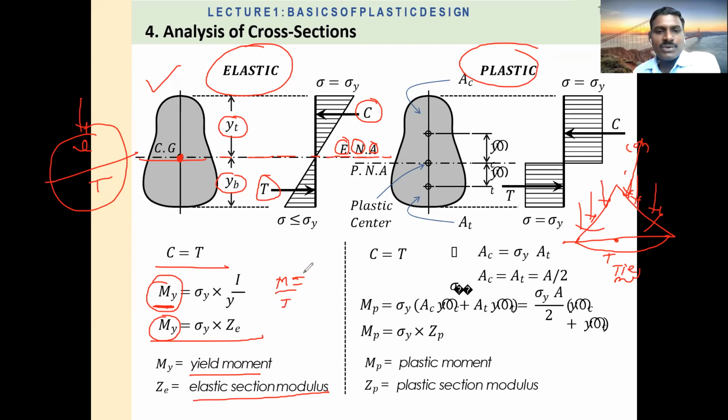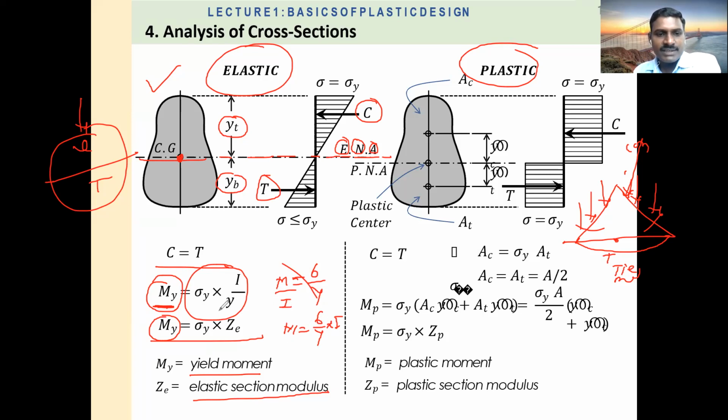M by I is equal to sigma by y, correct? Yes, sir. So M is equal to sigma into I by y.